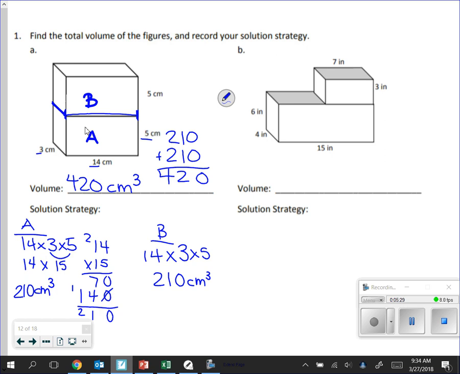Well, I want you to look at B. There are some parts where it is the same, but there are some parts where it isn't the same. So, like here, do you see where the length is not exactly the same, side to side here? However, you see right here, is that the same?